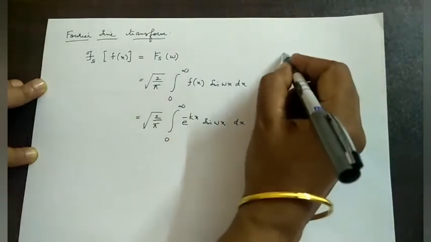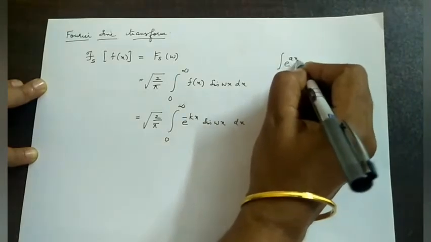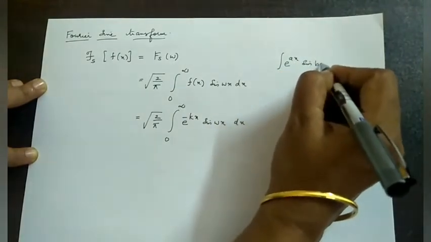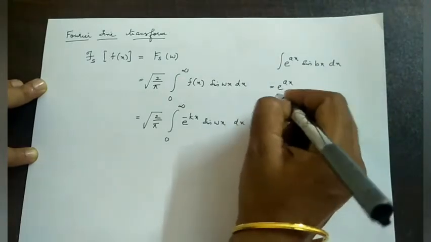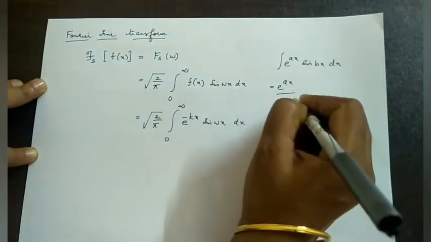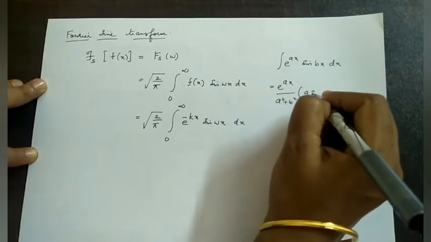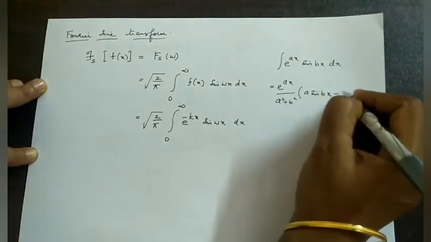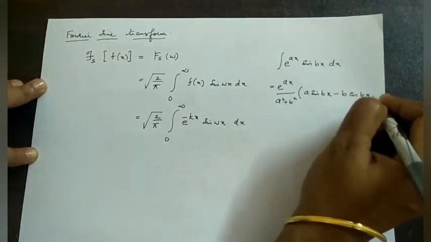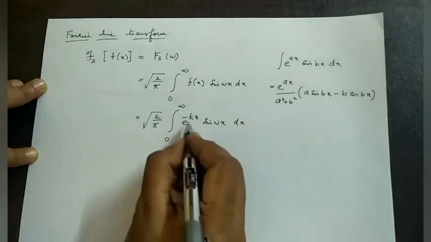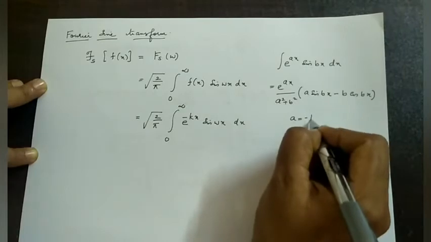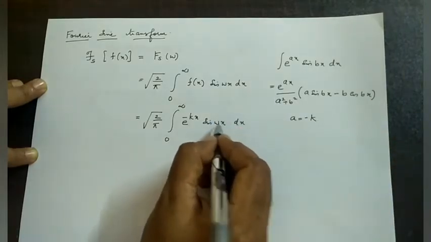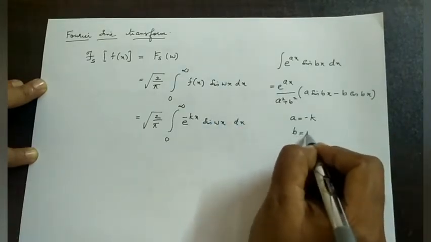Here we will use the formula integral e raised to ax sine bx dx, which is equal to e raised to ax by a square plus b square into a sine bx minus b cos bx. Here in the place of a we have minus k, in the place of b we have omega.